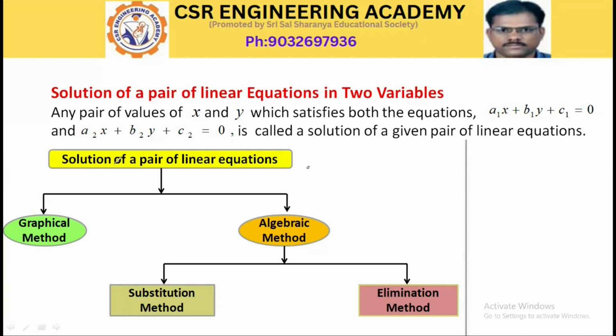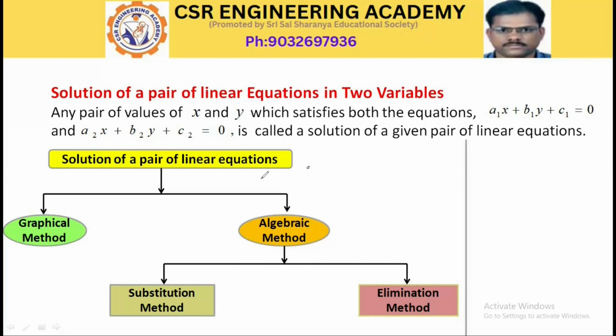Here we have two methods of solving simultaneous linear equations in two variables. One is the graphical method and the second one is the algebraic method. The algebraic method is further divided into the substitution method and the elimination method.